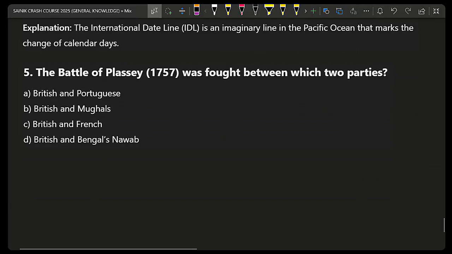The Plassey battle happened between which two parties?